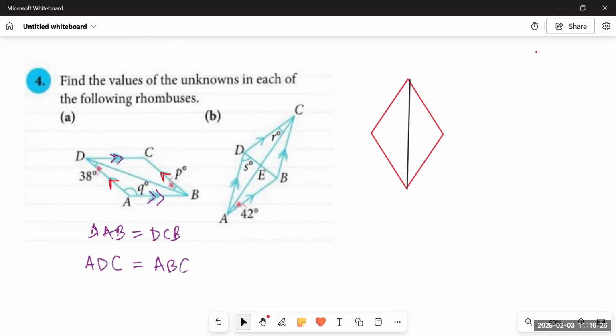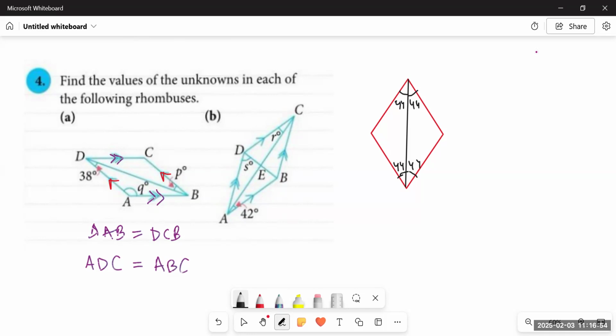Bisect means I draw a diagonal line in this rhombus. So the four angles formed would be equal to each other. All four angles would be equal to each other. For example, if one of the angles is, let's say, 44 degrees, this would be 44, this would be 44, and this would be 44.